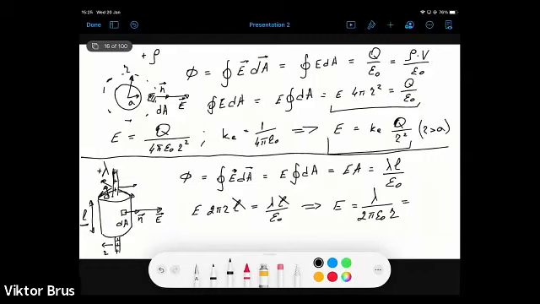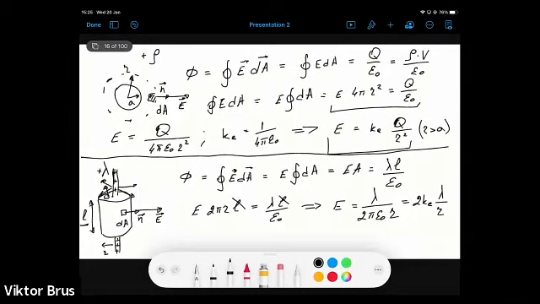And we can represent this result also in terms of the Coulomb constant. It will be 2 Coulomb constant times lambda divided by r.